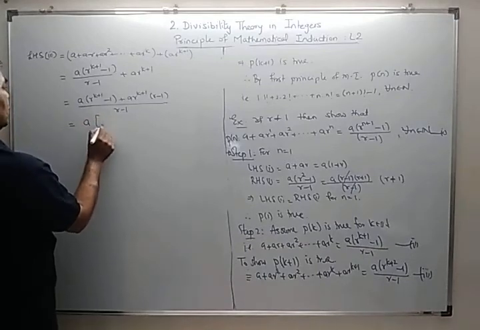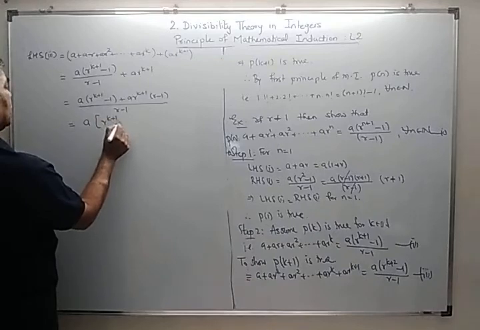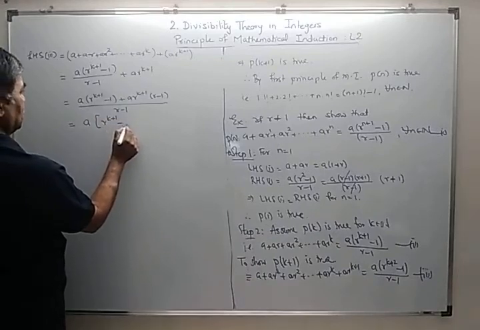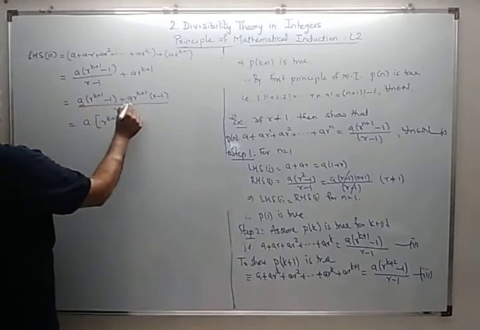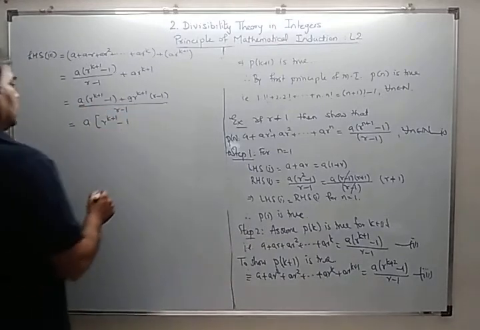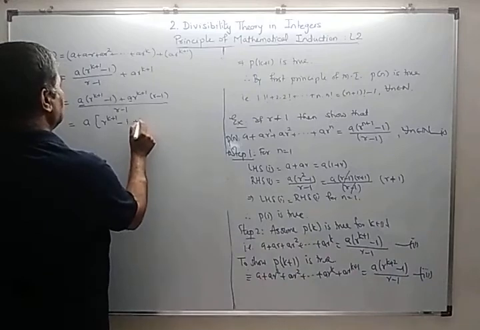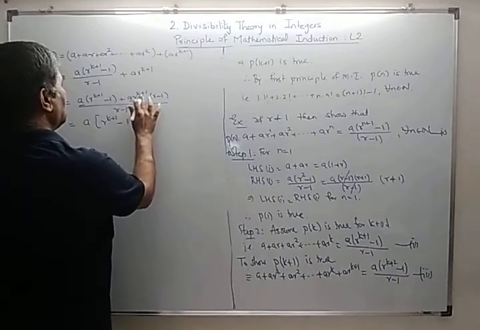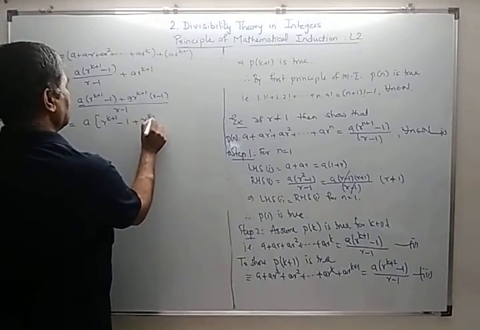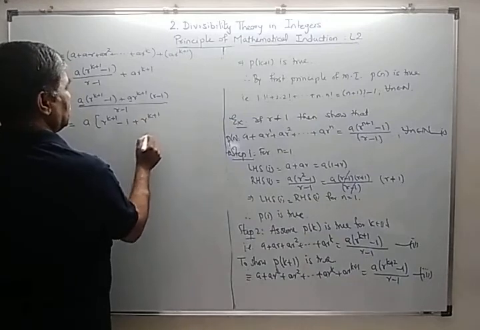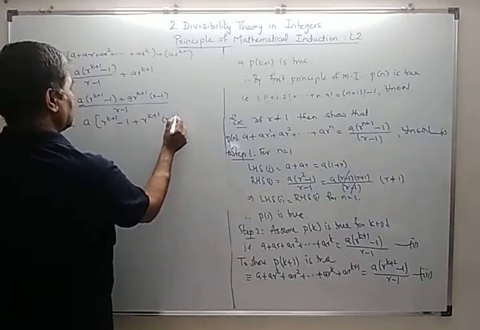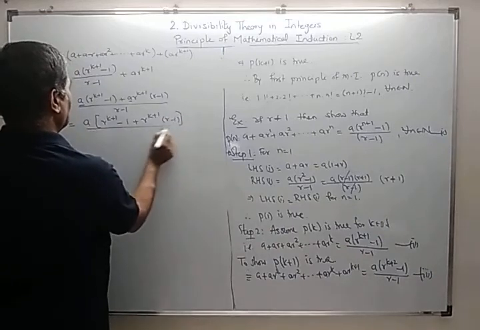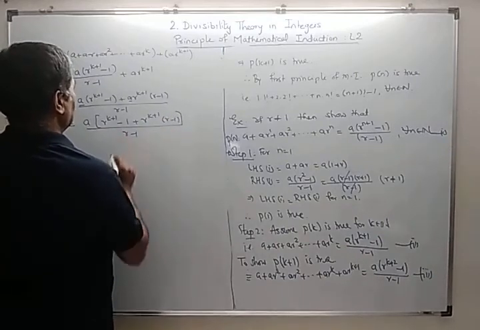A outside, we will get r raised to k plus 1 minus 1 plus r raised to k plus 1 into r minus 1, upon r minus 1 as it is.